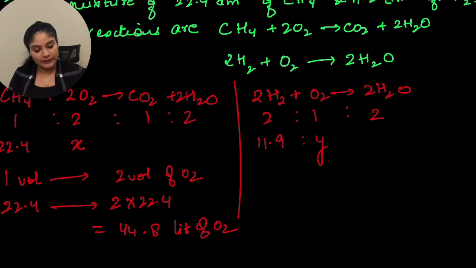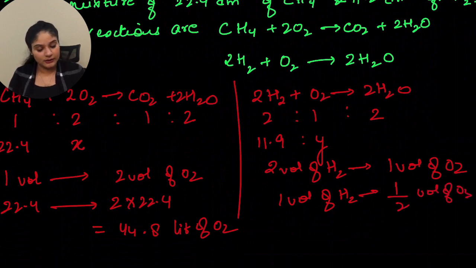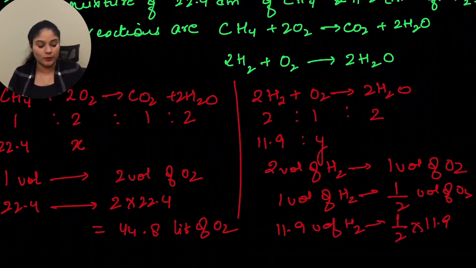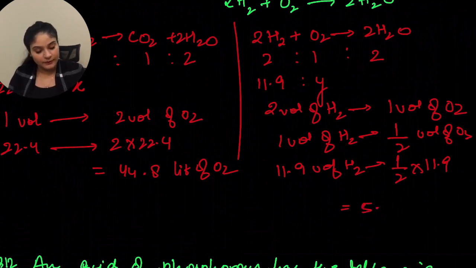Then let's look at the second one. So 2 volumes of hydrogen is utilizing 1 volume of oxygen. That means 1 volume of hydrogen is utilizing 1 by 2 volume of oxygen, and they have given you 11.2. So 11.2 volume of hydrogen will utilize 1 by 2 times 11.2, which should be 5.6 liters of oxygen.